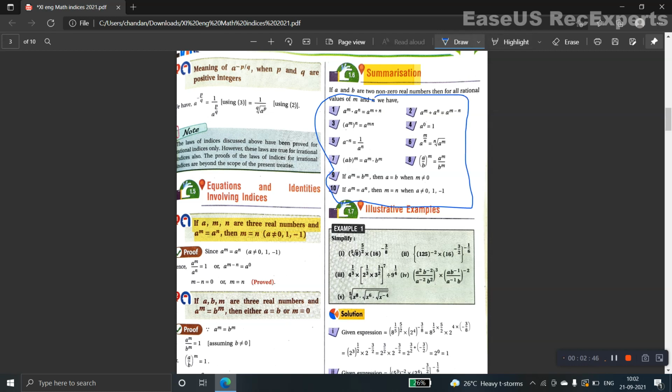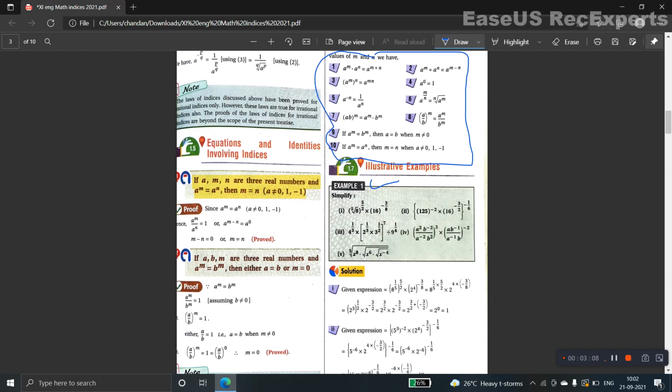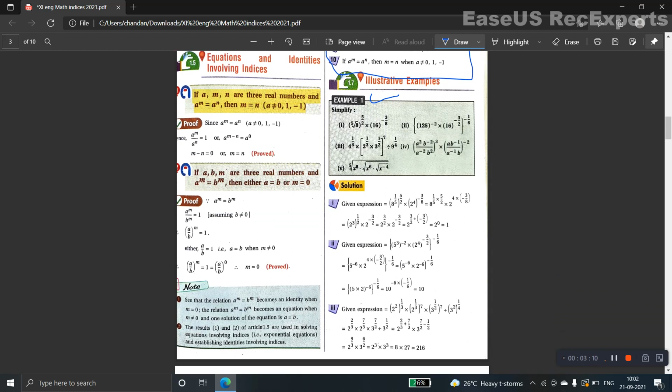Out of them, the 10th rule is important: a to the power m is equal to a to the power n implies m is equal to n, only when a is not equal to 0, not equal to 1, and not equal to minus 1. There are some examples after that, Example 1 and so on.